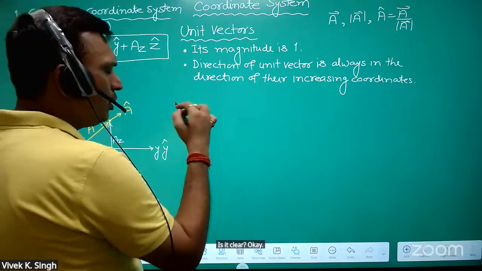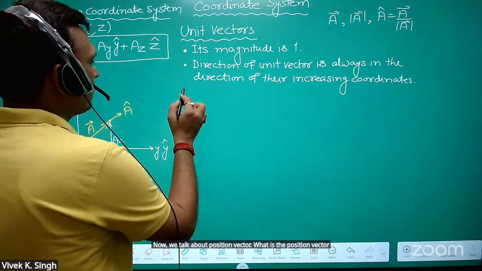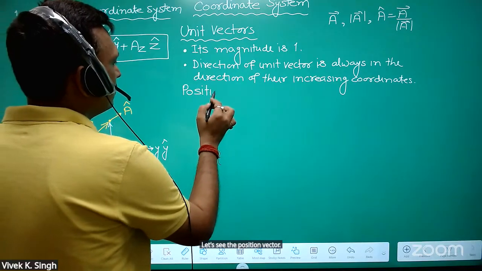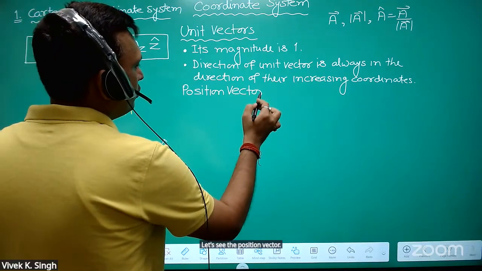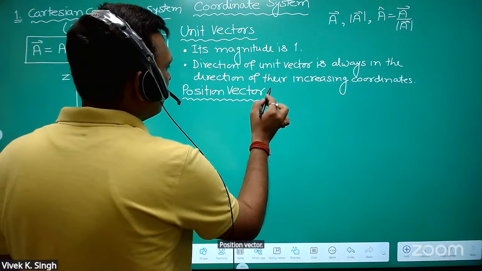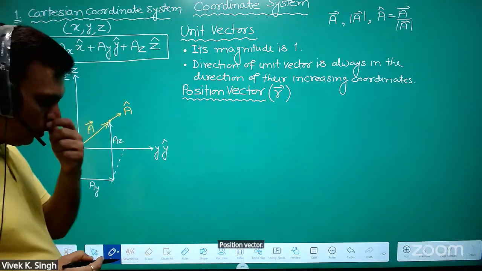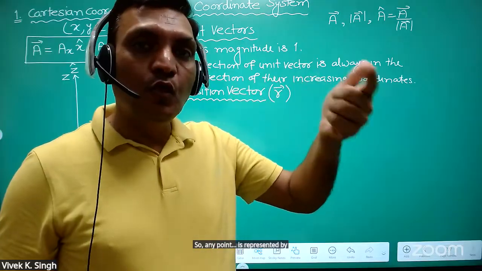Now we talk about the position vector. What is the position vector? Any point is represented by its own position vector.